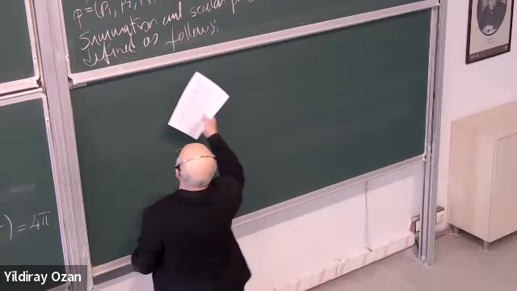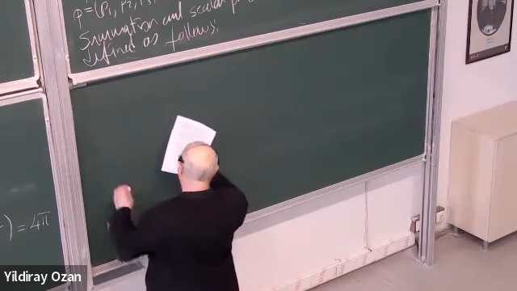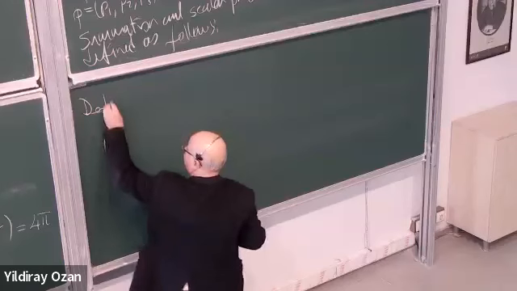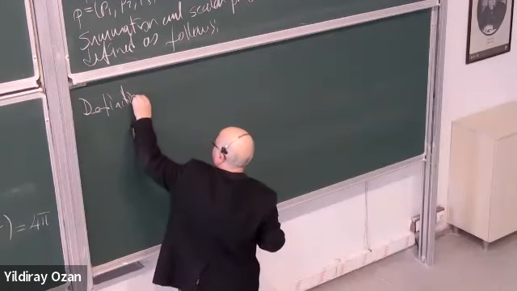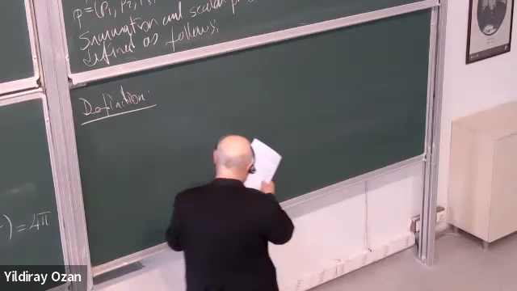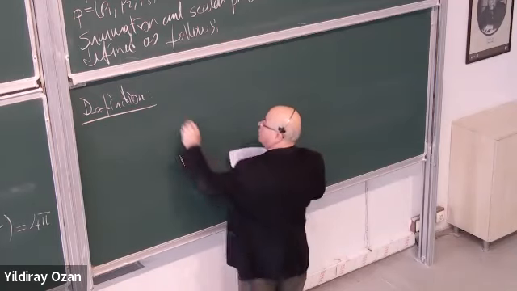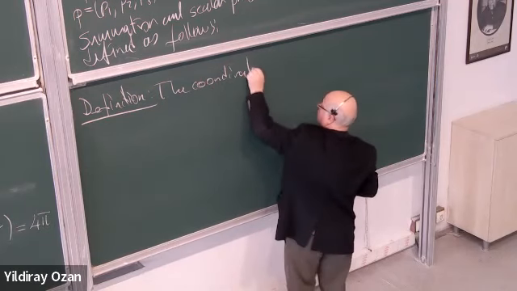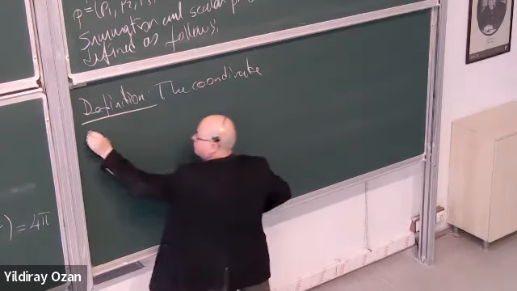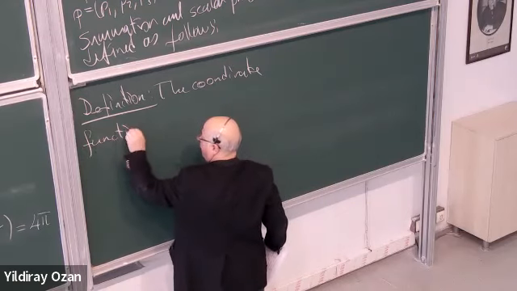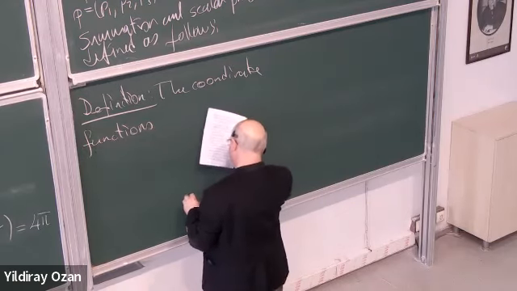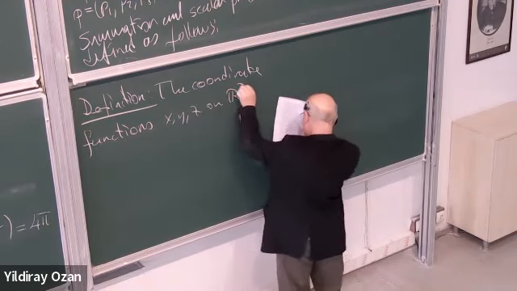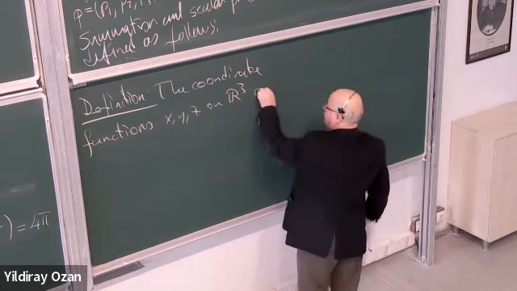Okay, I already told you you add the coordinates, but let us see the formal definition of what's a coordinate function. The coordinate functions x, y, z on R3 are defined as follows.